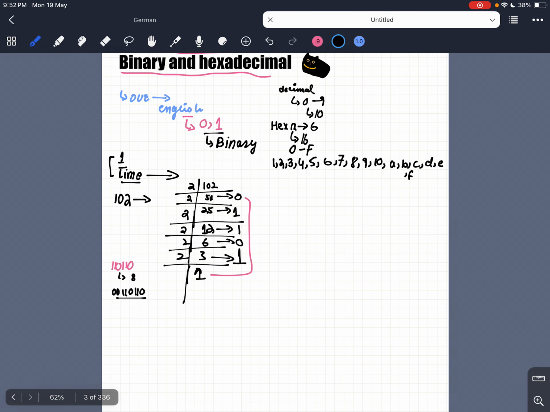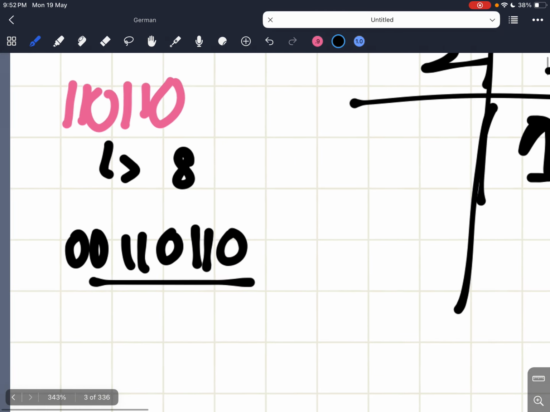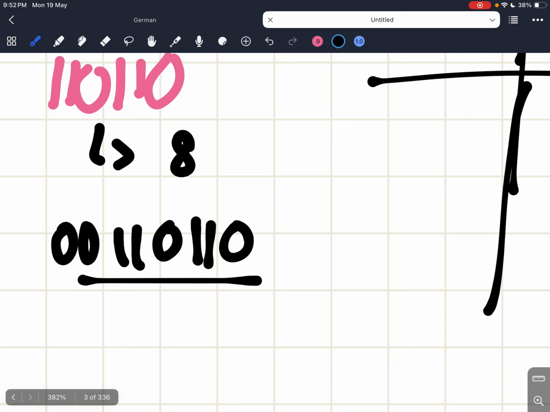You can practice a lot more with this. For instance, if someone gives you a binary number and asks you to find out which decimal number it is, that is also very easy.